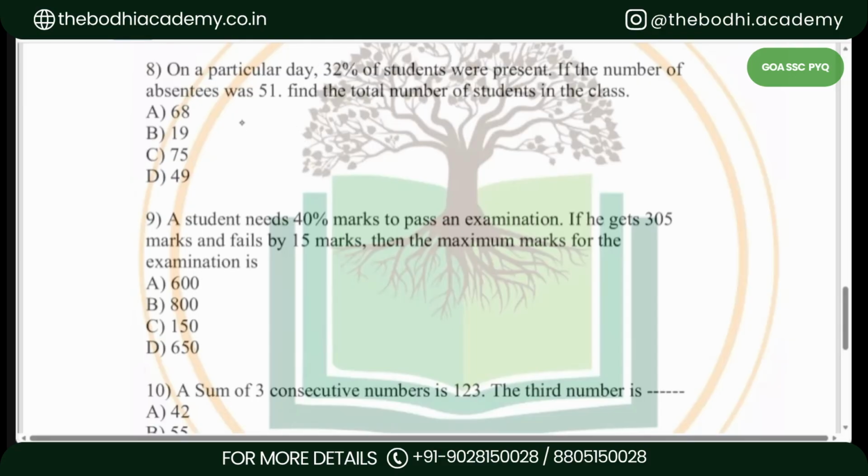So if 32% are present, how many will be absent? Absent will be 100 minus 32. 100 minus 32 will give me 68% absent.